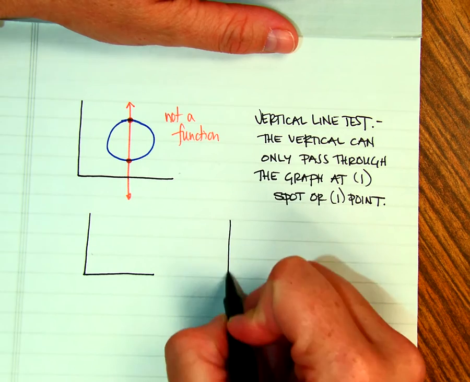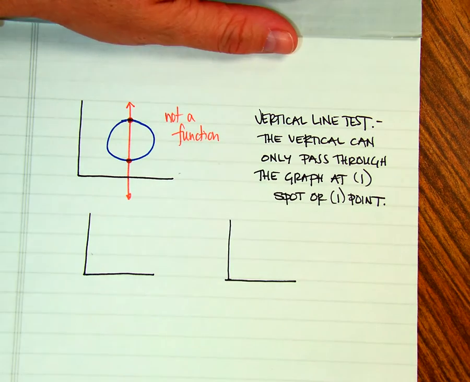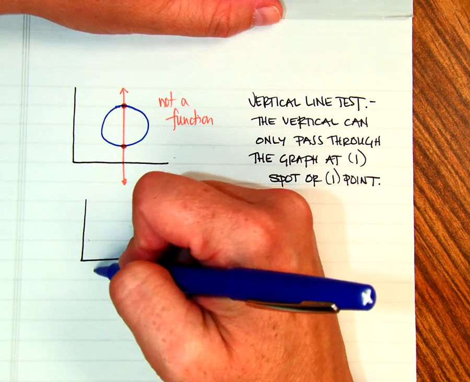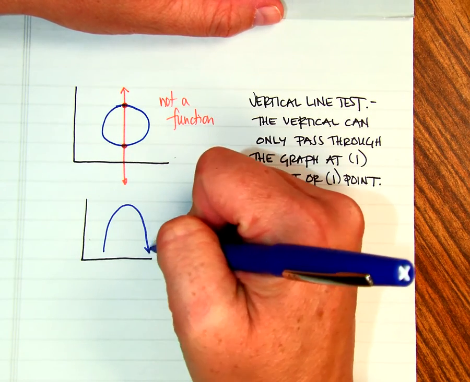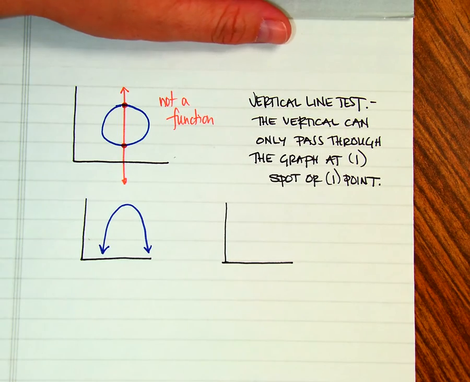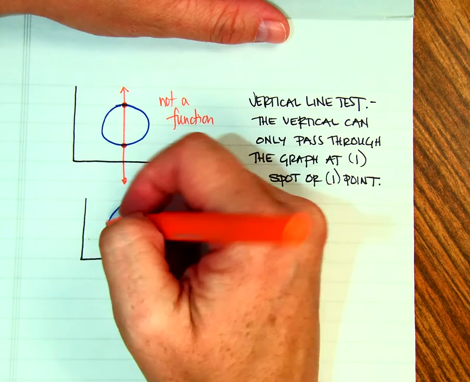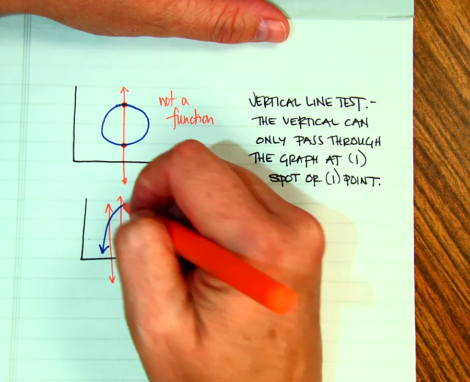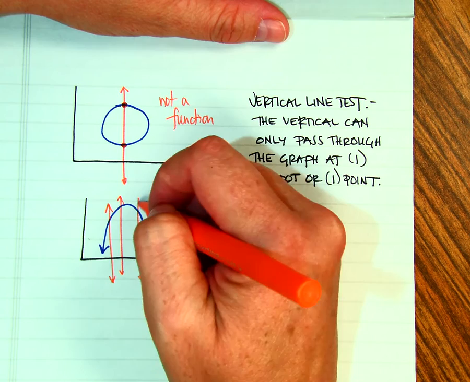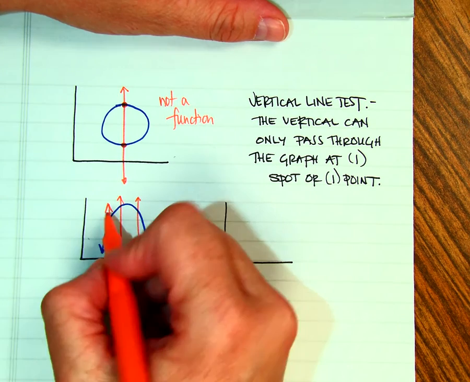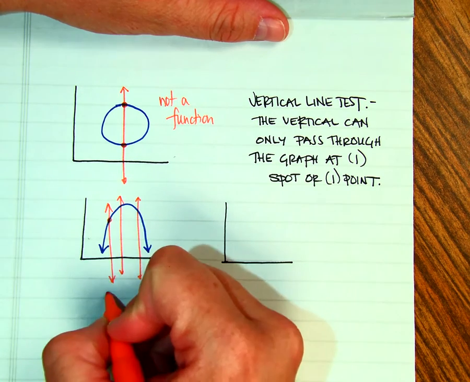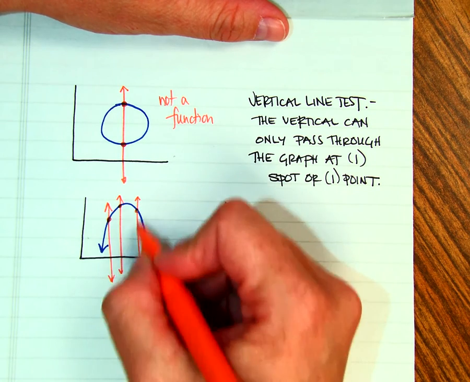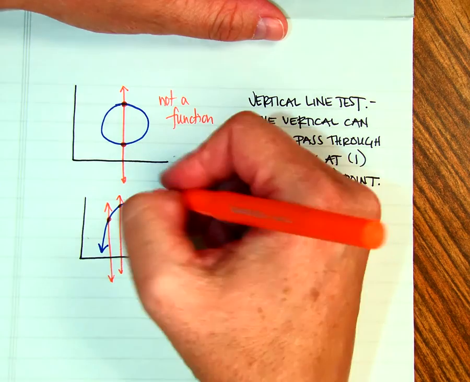A couple more examples up here. Let's say we have what's called a parabola. And if I draw my vertical line test anywhere, I'm only going to intersect my graph once. This line only intersects at one point, this line only intersects at one, and this line only intersects at one. So this is a function.